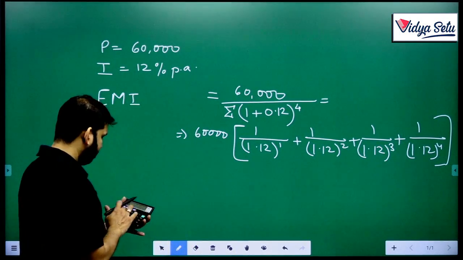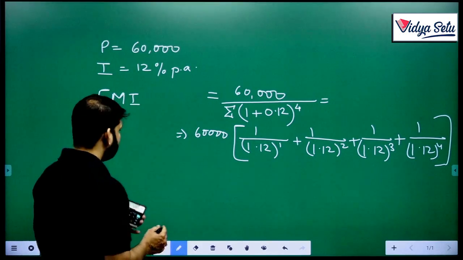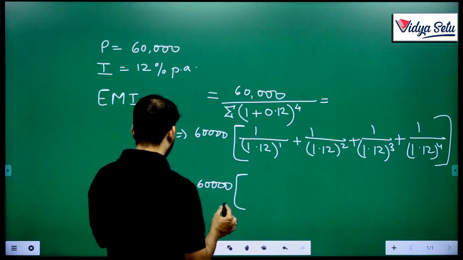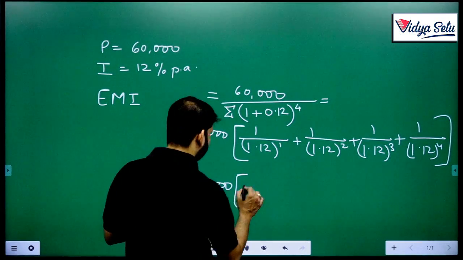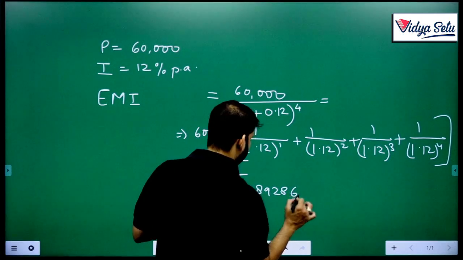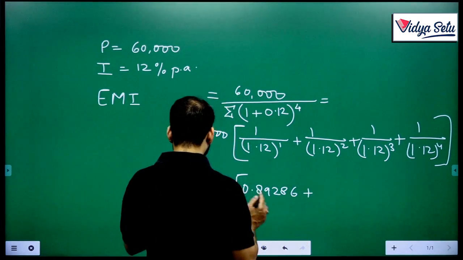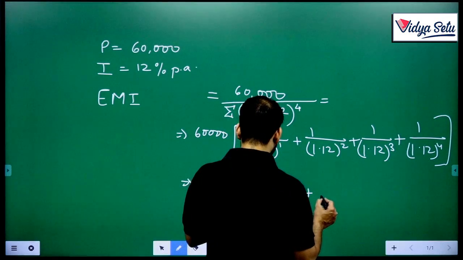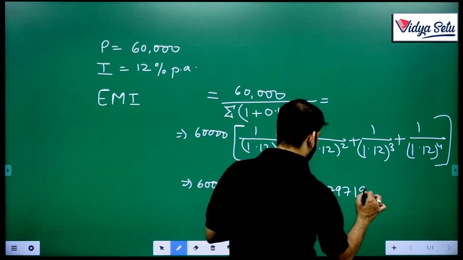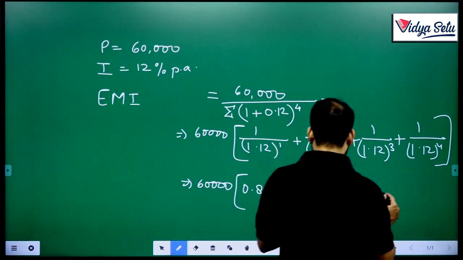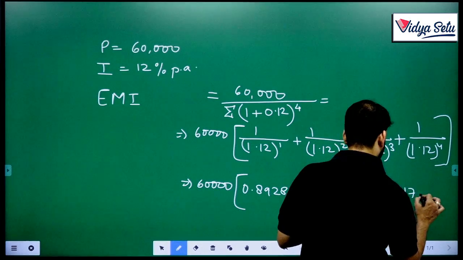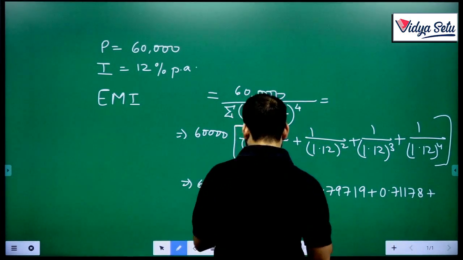So 1 divided by 1.12 comes to 0.89285. Then second year is 0.797, third year 0.71178, and the fourth year 0.63551.